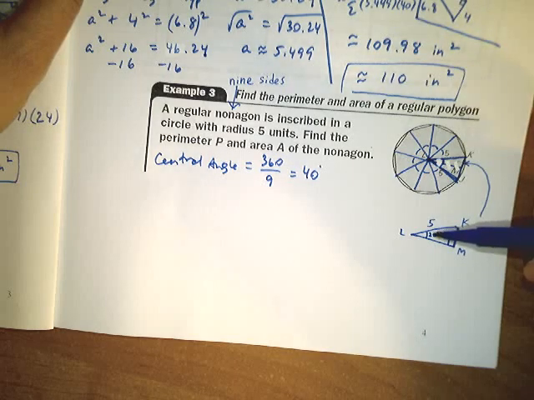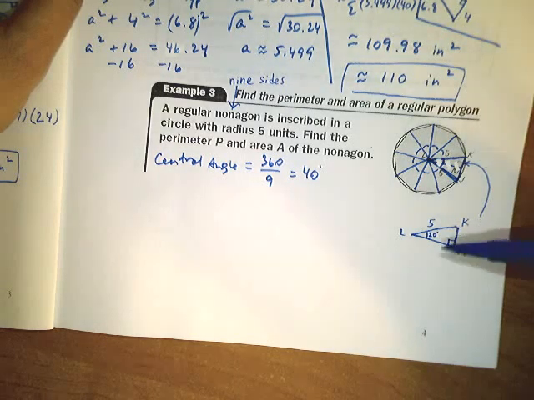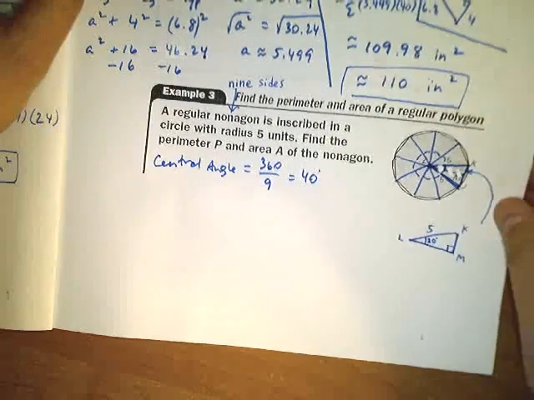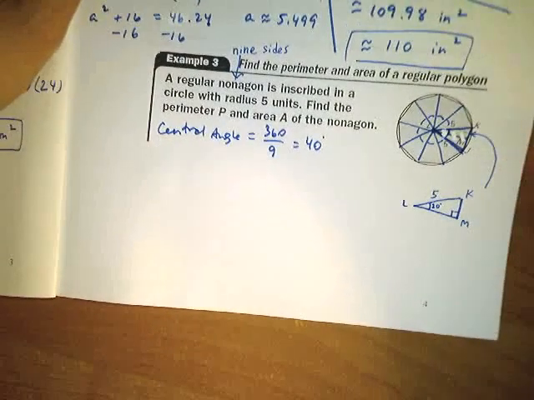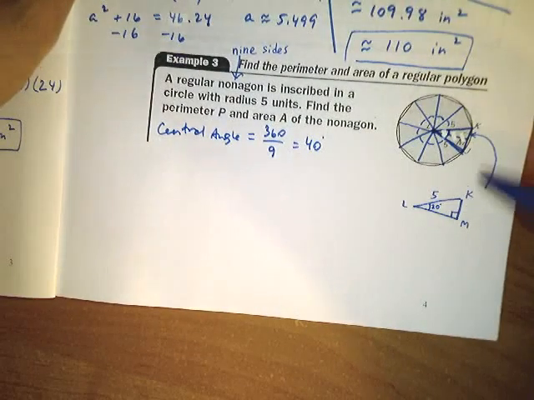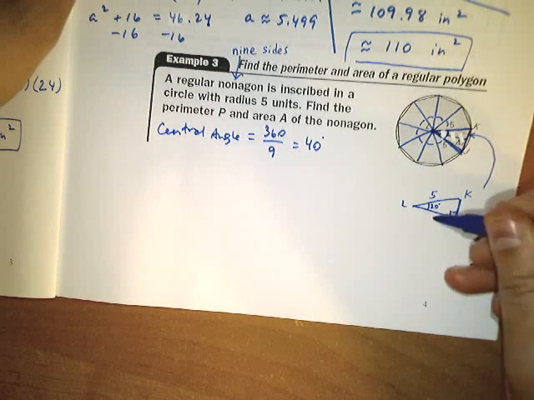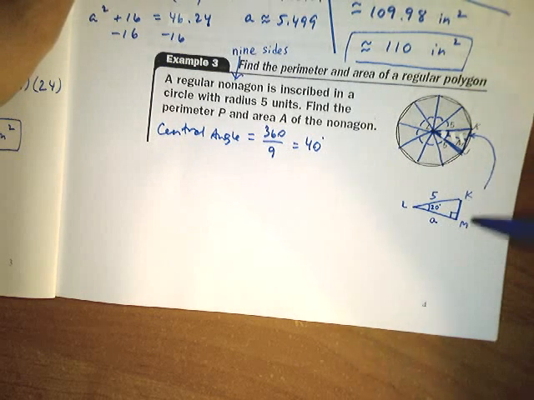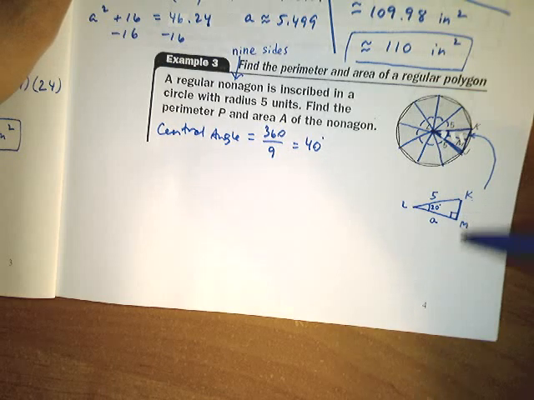Now, the reason why that's helpful is that that's the only other piece of information I'll be able to figure out at this point about the triangle. Now, I need two things. I need to figure out the apothem, and then it would also be helpful to figure out how long this side is here. Because if we know that this is half of a side length, we can double it to find a full side length, and then we can multiply that by 9 to get the perimeter of the entire regular nonagon.